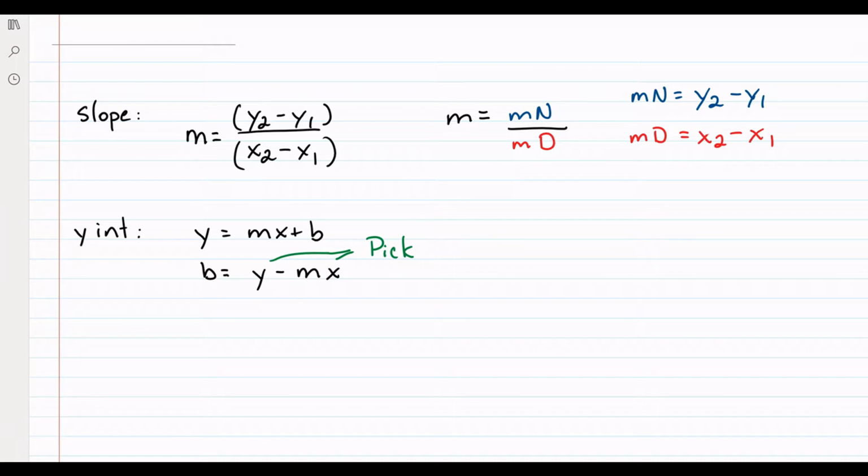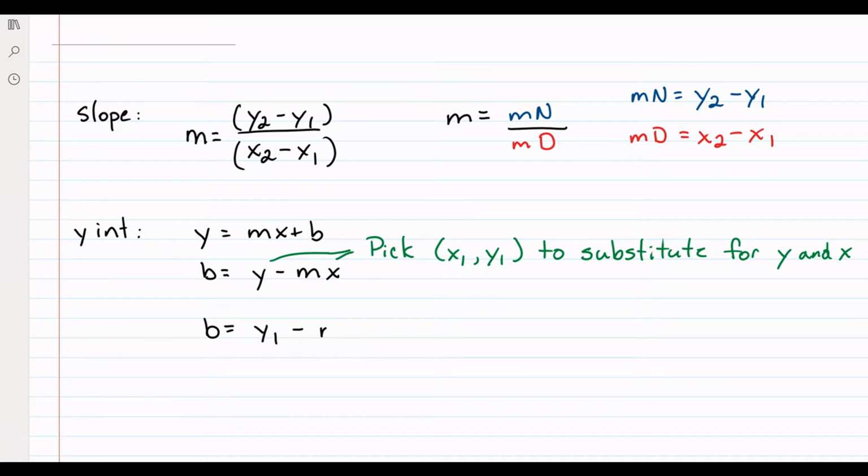So x and y can be one of our 2 points, right? Either x1 or y1. So let's pick x1, y1 to substitute for x and y. Okay, so our b equation would become y1 minus m times x1.